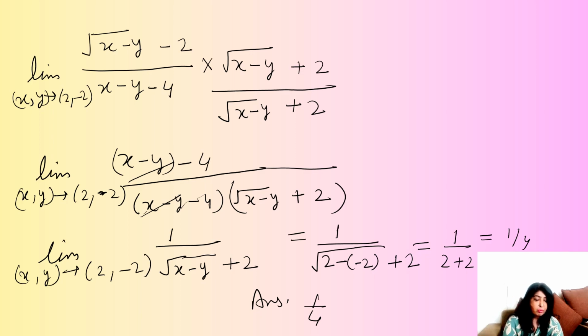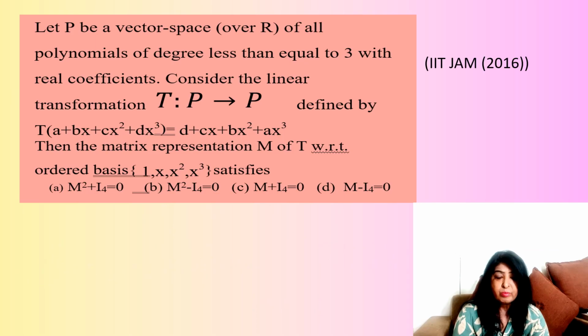Next we have: let P be a vector space over R of all polynomials of degree less than or equal to 3 with real coefficients. Consider the linear transformation T from P to P defined by T of (A plus Bx plus Cx square plus Dx cube) equal to D plus Cx plus Bx square plus Ax cube.